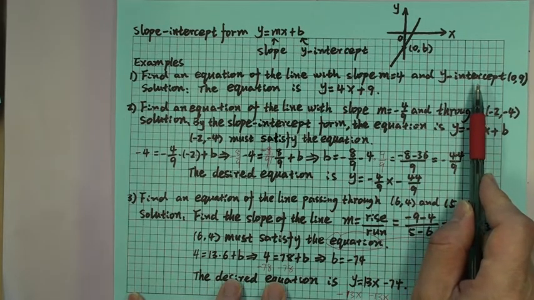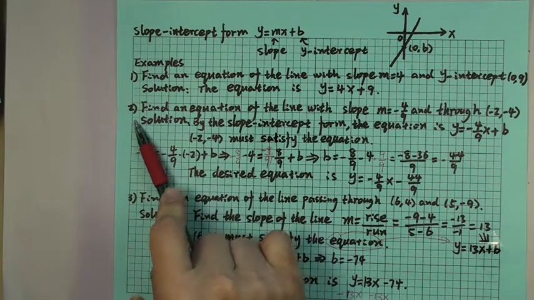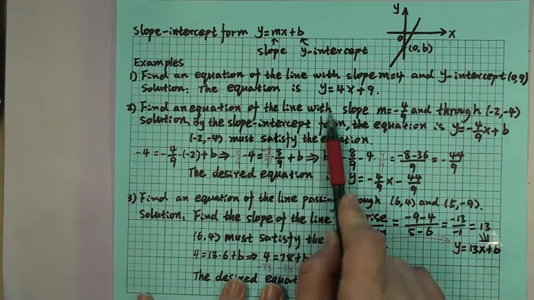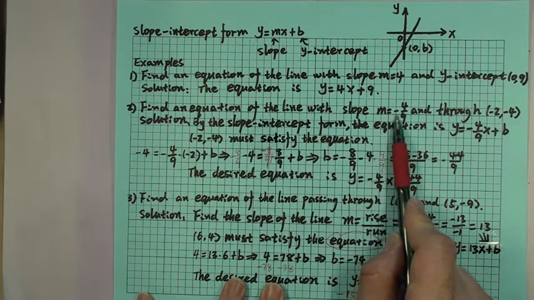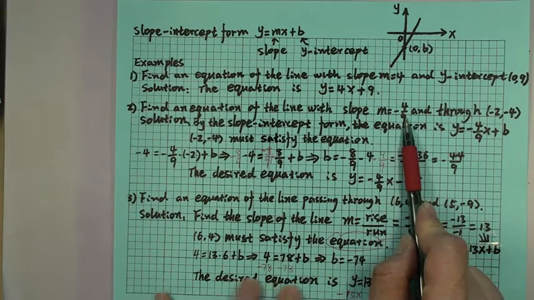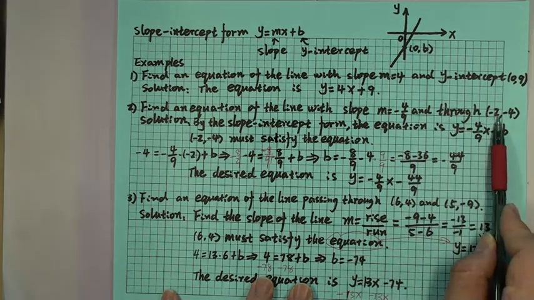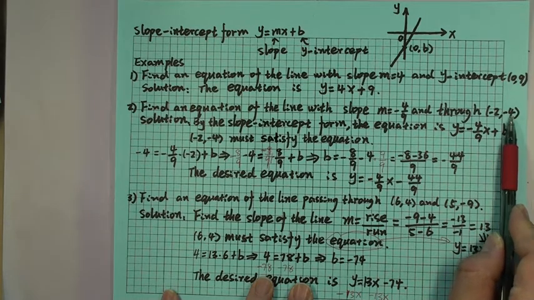Now, let's look at the second one. The second one is find an equation of the line with slope -4/9 and passing through -2, -4.